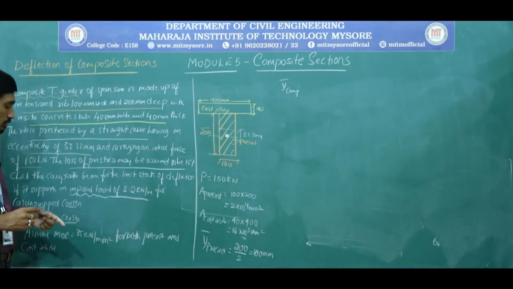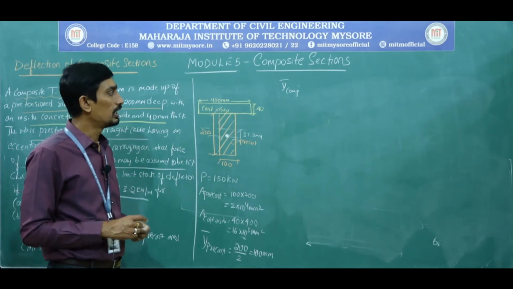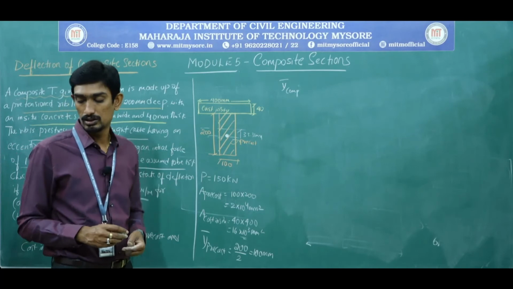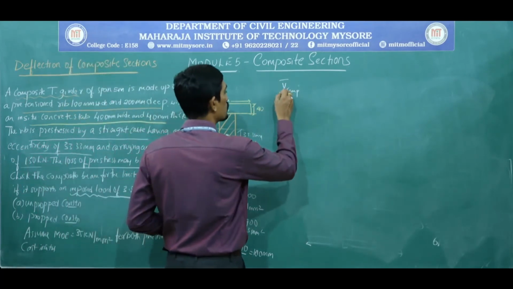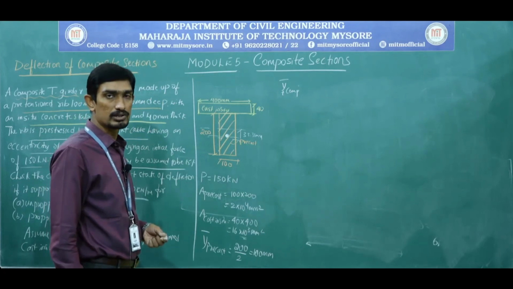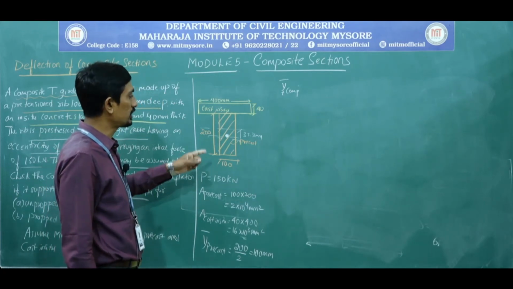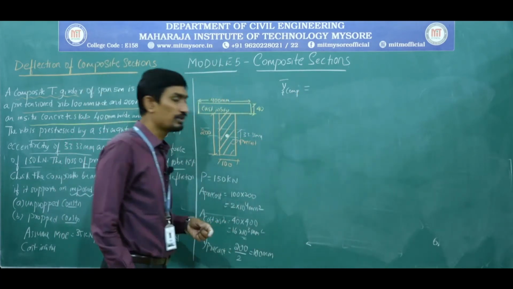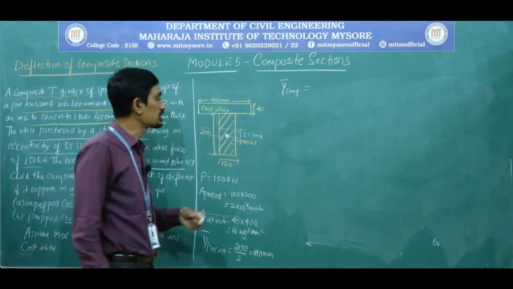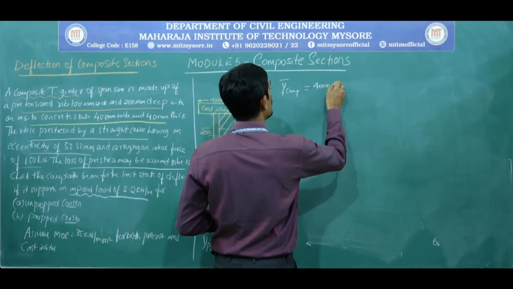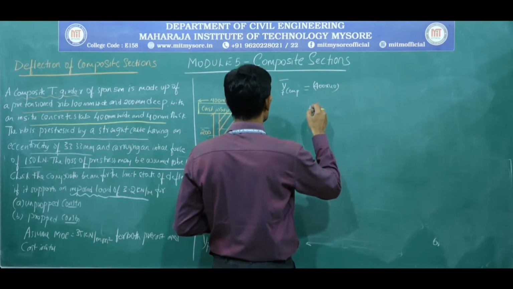Next, coming to the Y bar of the composite section, because you need to calculate propped construction also. That's why I will calculate Y bar composite here, from the top. When you calculate the centroidal axis of a composite section, we need to mark a reference axis. First, 400 multiplied by 40, that is area of the cast in situ.